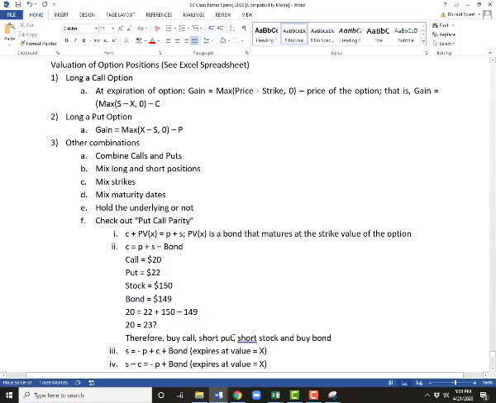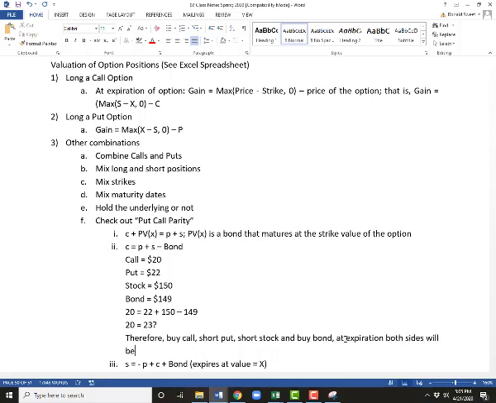So if you do that, you'll end up getting $3 today, and you know at expiration, with absolute certainty, both sides will be exactly equal. You know at expiration that this will equal that. Therefore, they should equal each other today.